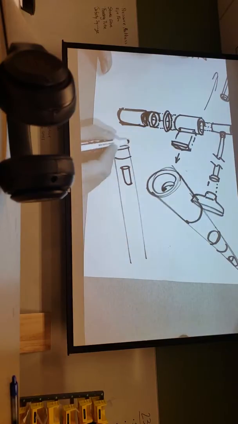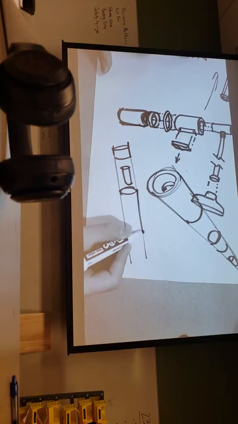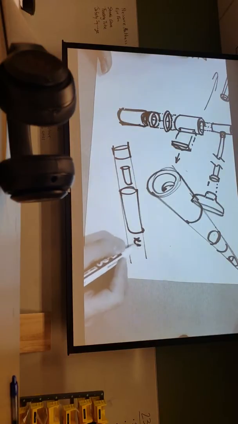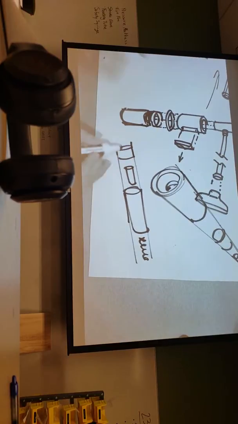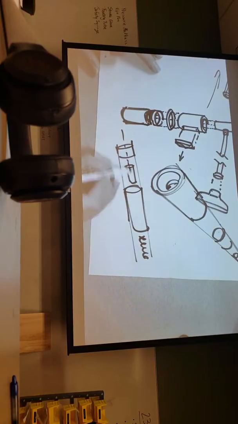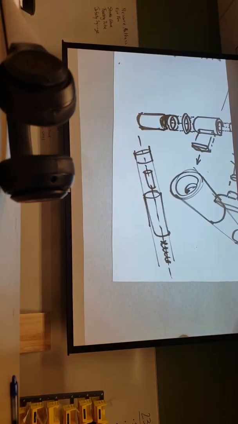You can see that the sides of these are all basically parallel to each other. You guys see that? It's a lot easier, and you can line it up with the center axis this way. All right? Okay.